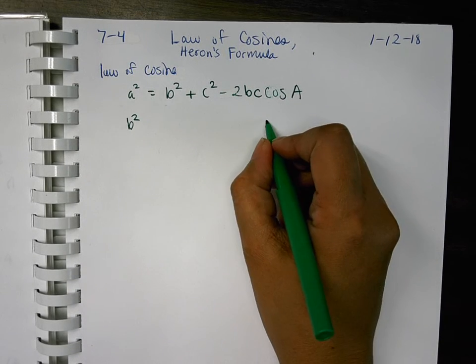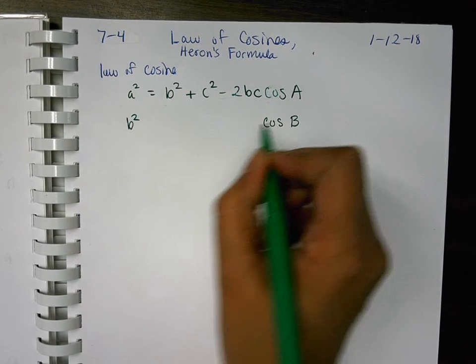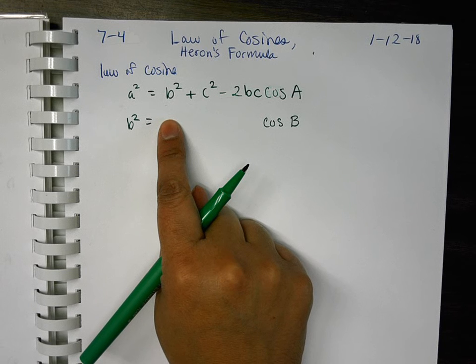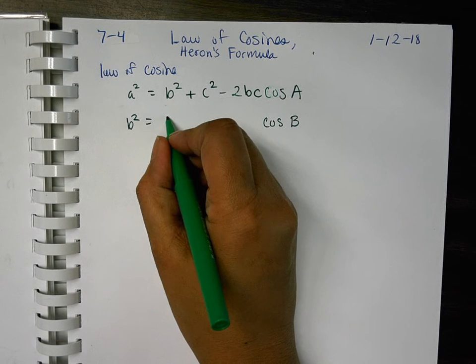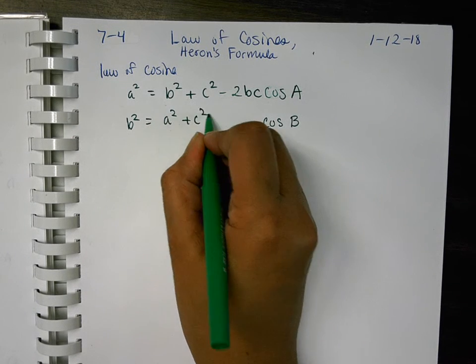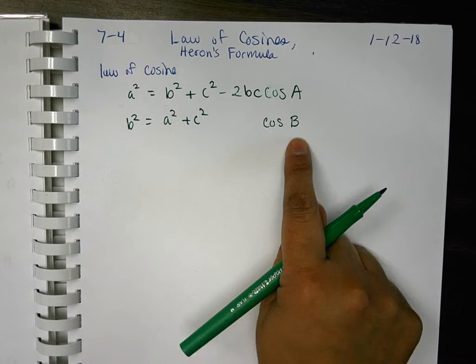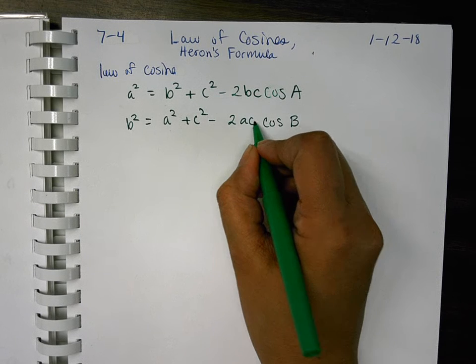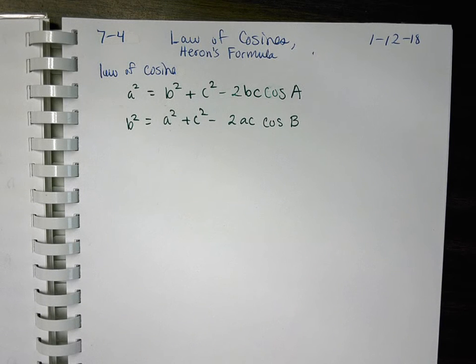Cosine of B equals, I start with the b squared. A squared plus C squared, because I cannot use the B anymore. I've already used it at the beginning and end, minus 2 what? AC. I'm going to have you write the third one. There is one more with the cosine of C, and see if you can write it from the pattern that you see here.